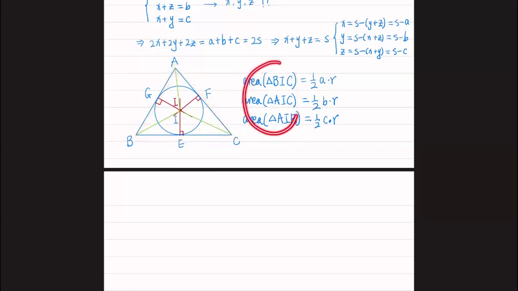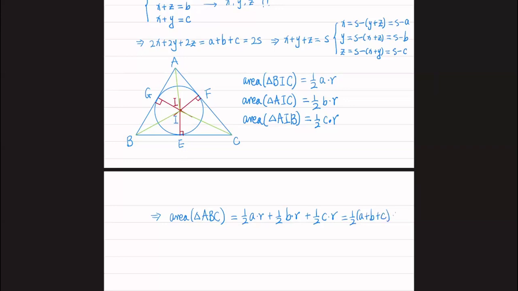So area ABC will be the summation of this. Okay, common factor r: one half times a plus b plus c, times r.